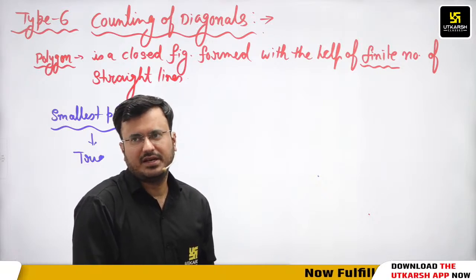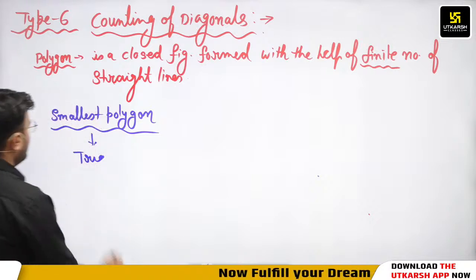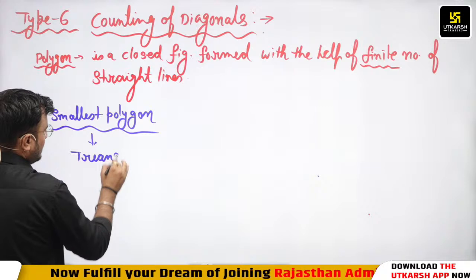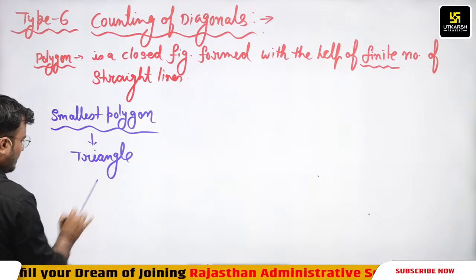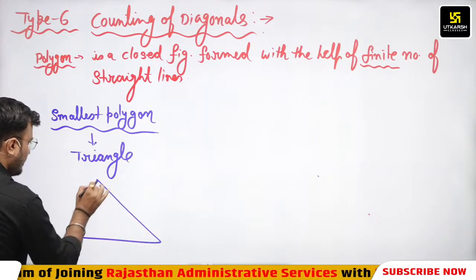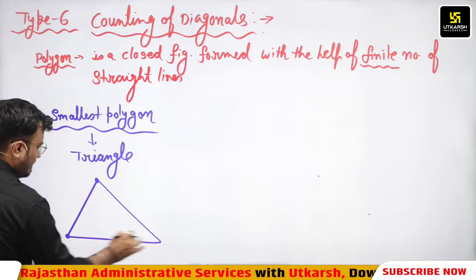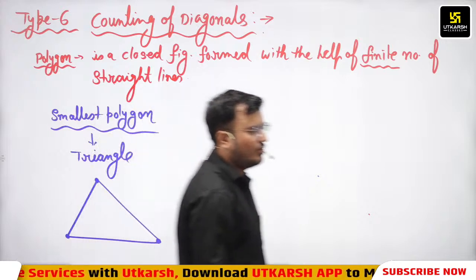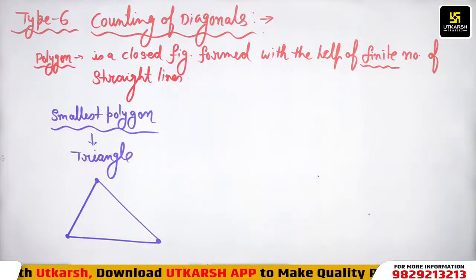So at least 3 straight lines are required. So the smallest polygon is your triangle. Now you are able to see that in a triangle there are 3 straight lines, and this is a closed figure formed with a finite number of straight lines.